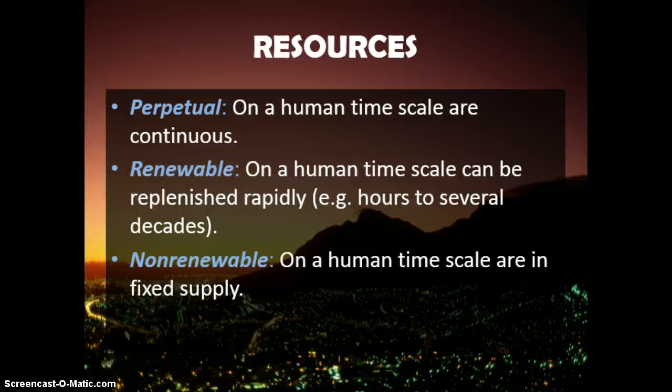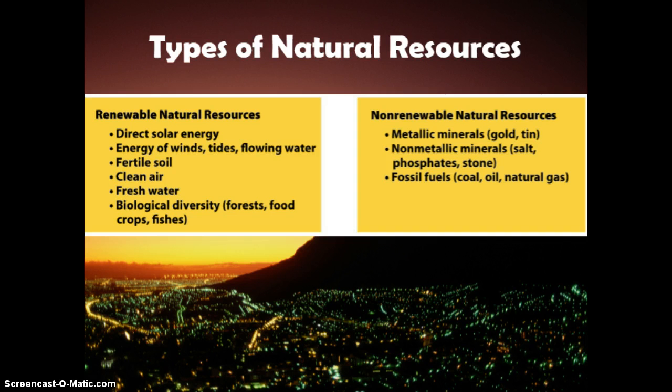Then we have renewable and non-renewable resources, which are most of the ones that you'll hear about. On a human time scale, the renewable ones can be replenished and the non-renewable ones can't. So if we look at these, the renewable resources would be things like soil, water, air, even biological diversity, things like forests. You could regrow a forest within a human lifetime.